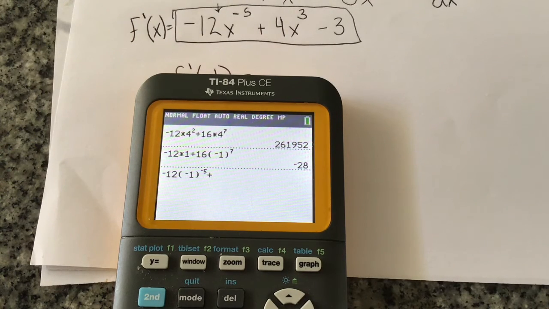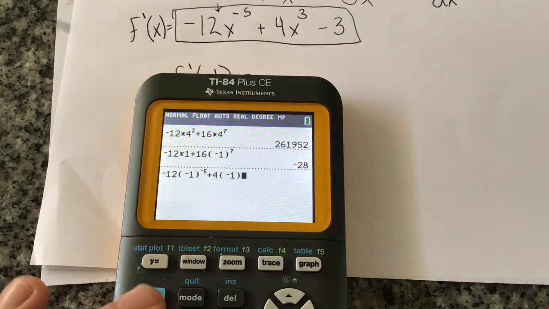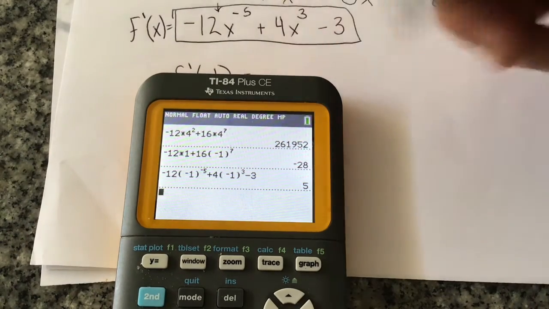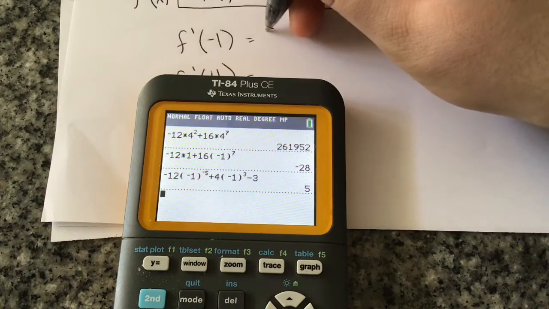You just go up into the exponent with the up arrow on the calculator and type in the negative with it. Plus 4 times -1 to the 3rd, and then -3. So we find out the slope at x equals -1 is 5.